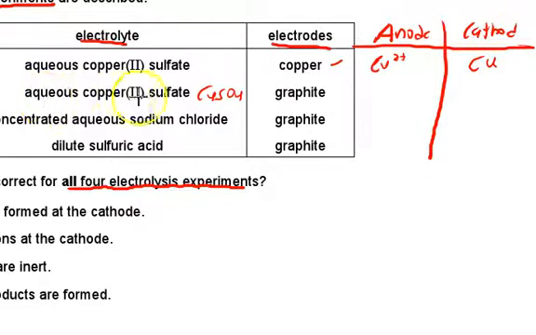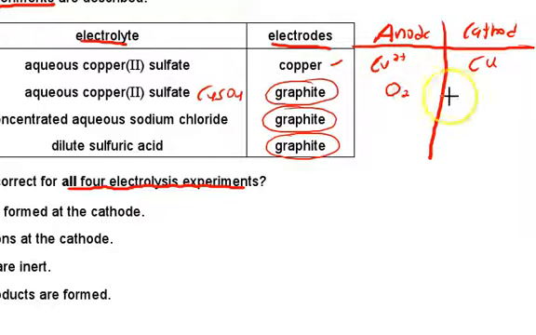For aqueous copper sulfate and graphite, this one is stable, inert, so we can expect the normal result. So here we will have oxygen gas released. Here we have copper.